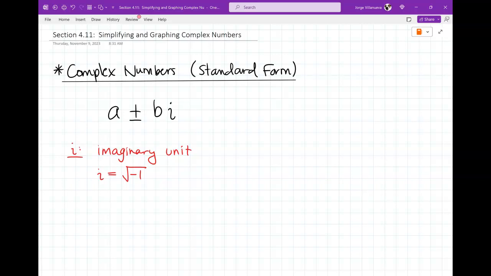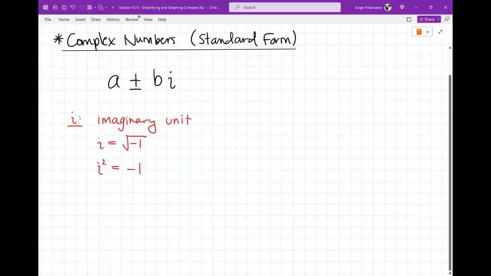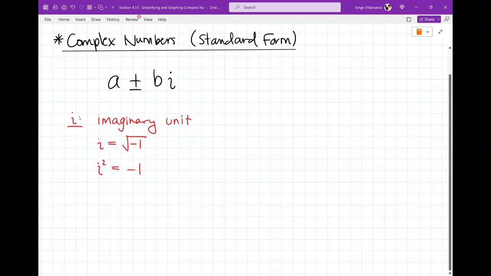Now, I'm going to give you one more thing about I. If you ever see I squared, that's -1. Because you basically square the square root. That removes it, right? So I squared is -1. All right? Now, one more little hint, like I said. A and B, you can write them as points, X, Y. All right?